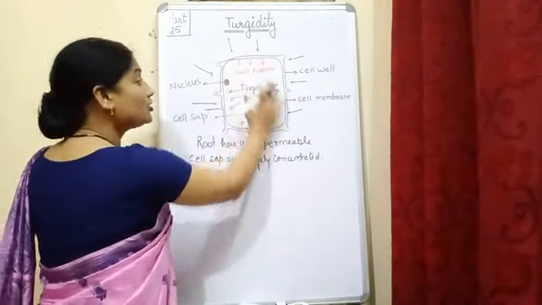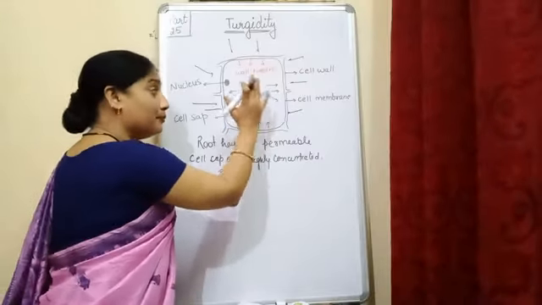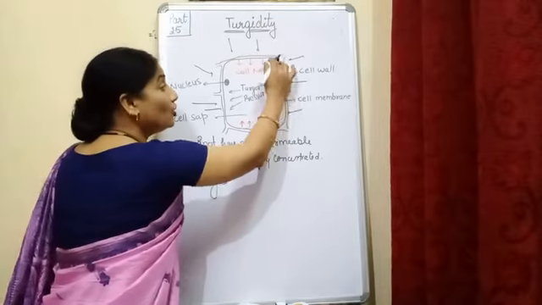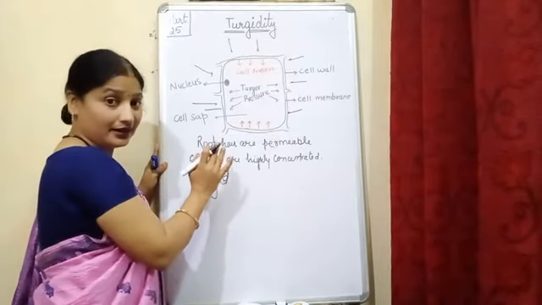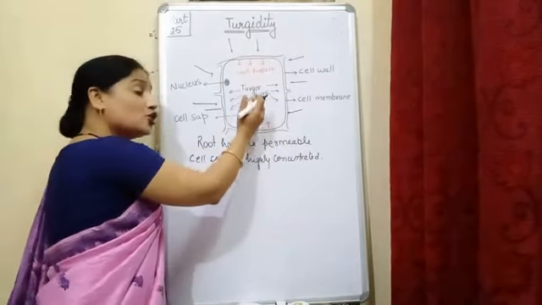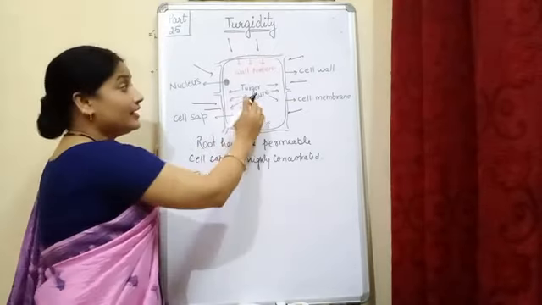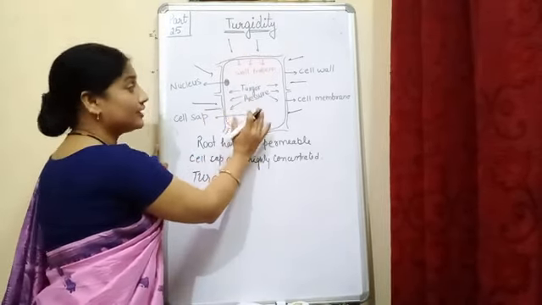Now because of this complete size, there will be pressure on the walls of the cell. Understood? Because the cell has absorbed the water and has already swollen up, it is exerting a pressure on the wall.